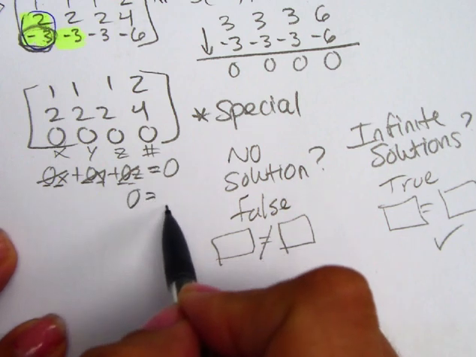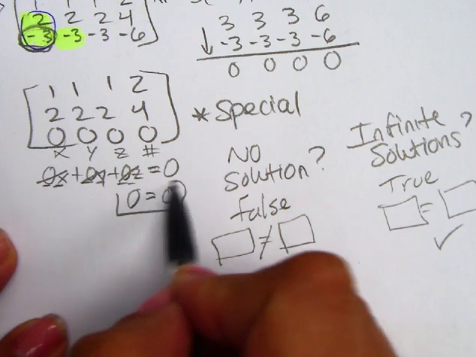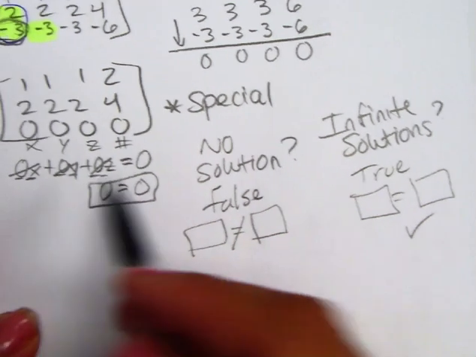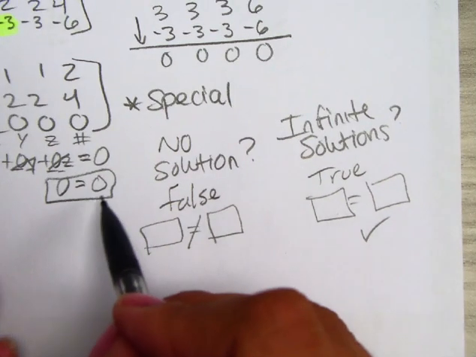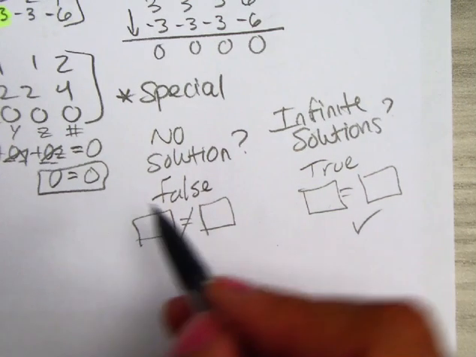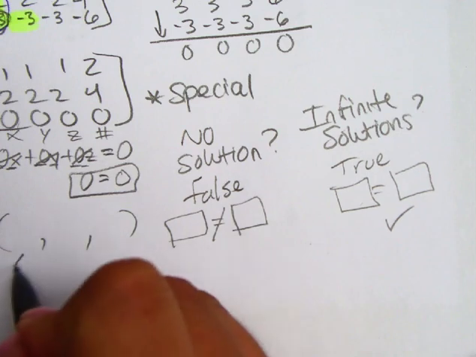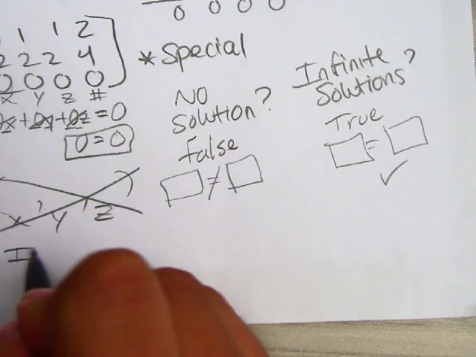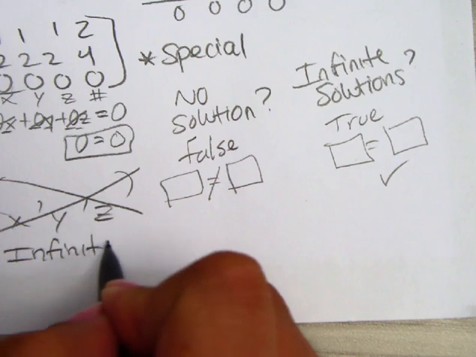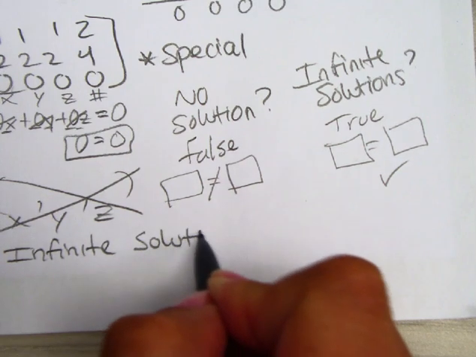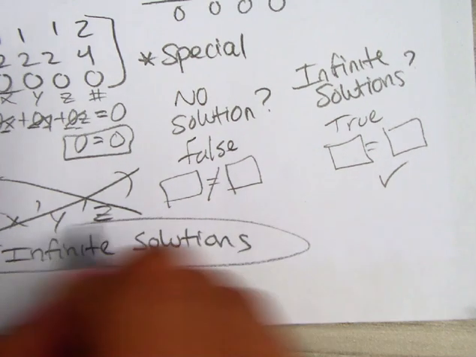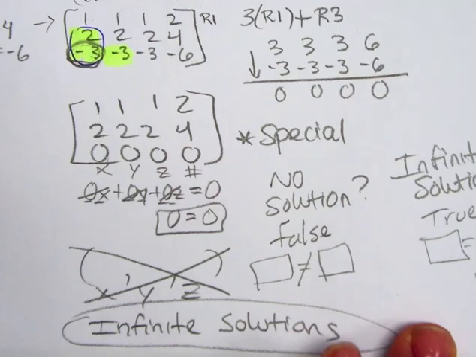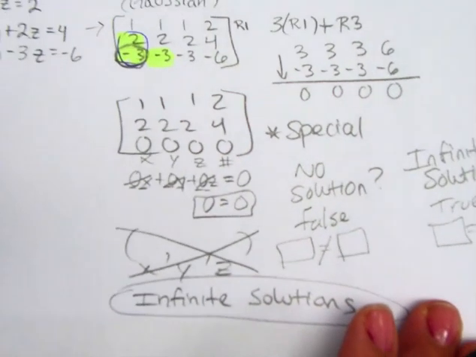And that's saying that it equals another 0. So is this a true or false statement? Well, that is a true statement, which leads us to conclude that our solution is not going to look like x, y, z. Our solution is just going to say that it's infinite solutions. Okay, so that will be the answer to number 5, infinite solutions.